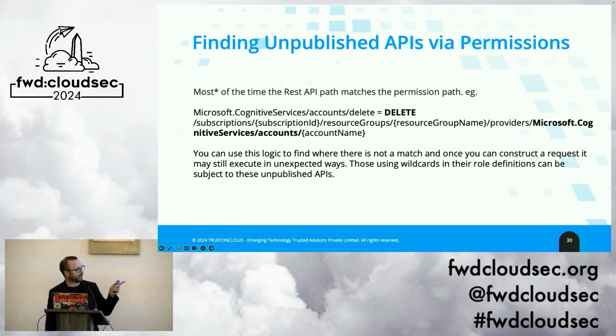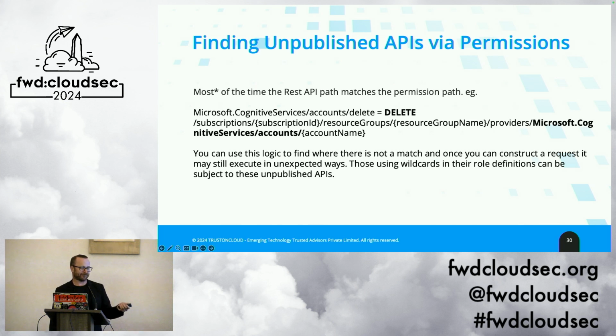Another interesting way you could find unpublished Azure APIs is this. Often Microsoft will publish the permissions, and a permission, for example service accounts delete, matches the delete operation from a REST perspective. You ignore the path here, go to the service accounts, and with a bit of scripting you can move that to there, and that will show the match.